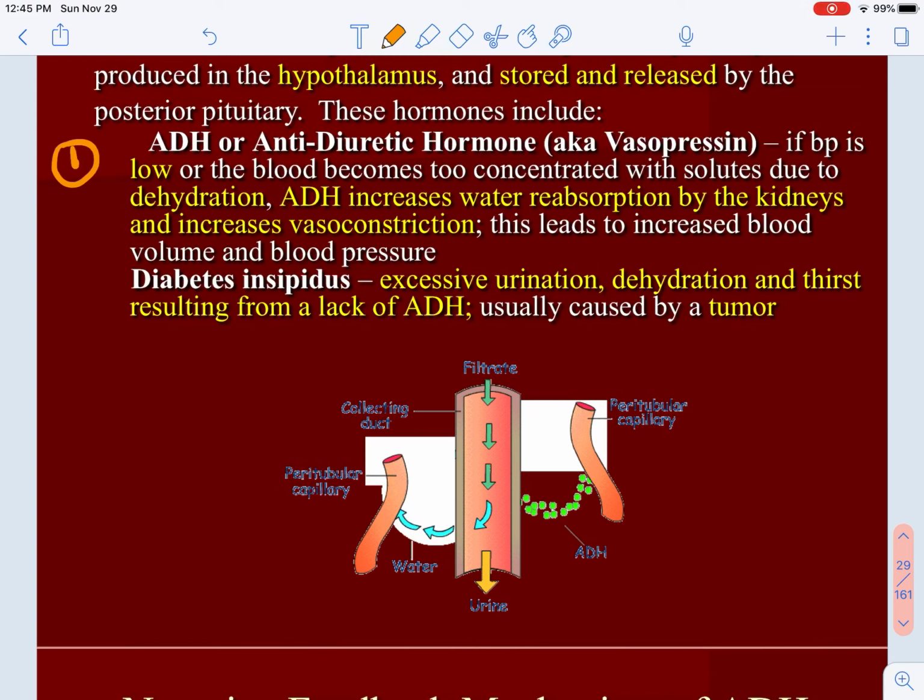So you can see in this diagram that this is the nephron here where the filtrate is moving through, and the bloodstream is sending out the hormone ADH to the kidney itself, the kidney tubules, the nephrons, and that will stimulate, instead of all of that filtrate turning into watery urine, the water here is reabsorbed back into the bloodstream.